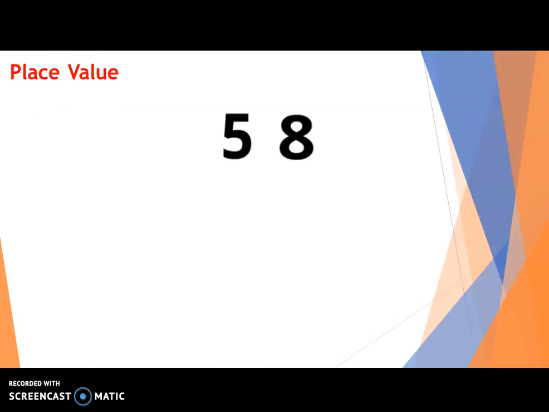You can see there 8 and 5. So let us find out what is the position of 8 and the position of 5. Digit 8 is in the ones position, or the place value of 8 is ones, while 5 is in the tens position, or the place value of digit 5 is tens.